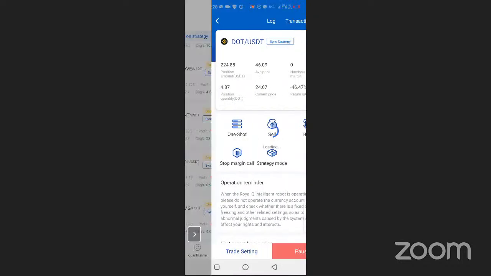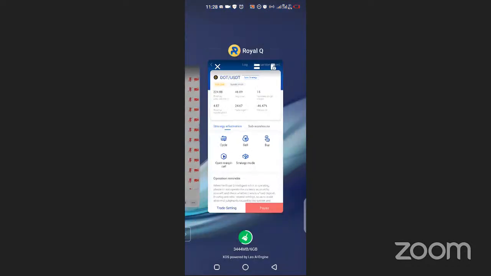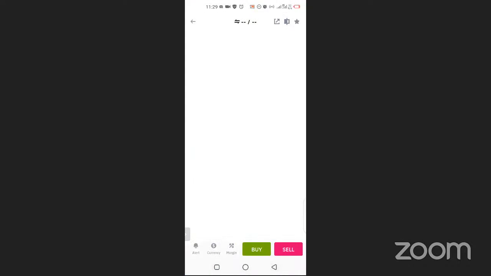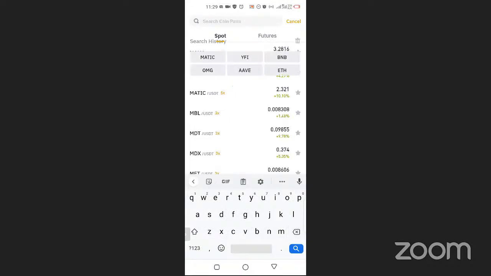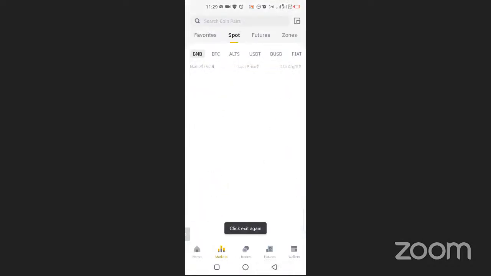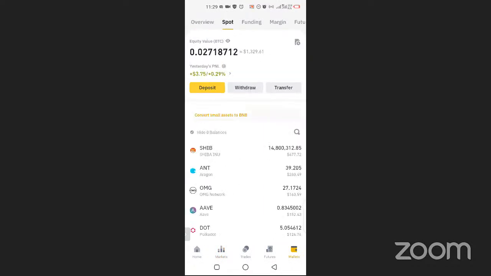Look at this. It is 210. If we come here in the Binance account, spot, let me give you an example.